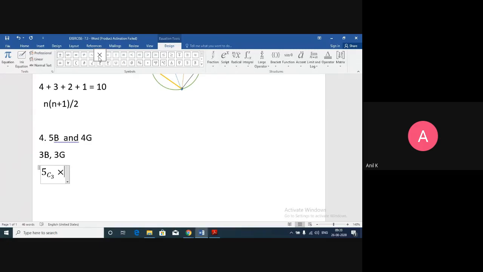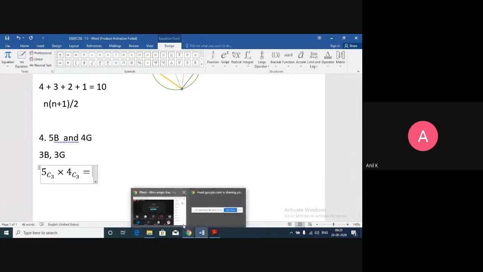If it is unconditioned, then it will be a multiplication. Now, out of 4 girls, we have 4 girls in total. I have to select 3 girls. So 5C3 into 4C3. Don't leave the answer here, simplify. What is the 5C3 value and what is the 4C3 value? Find out, multiply, and give the final answer. Okay. Easy, right?